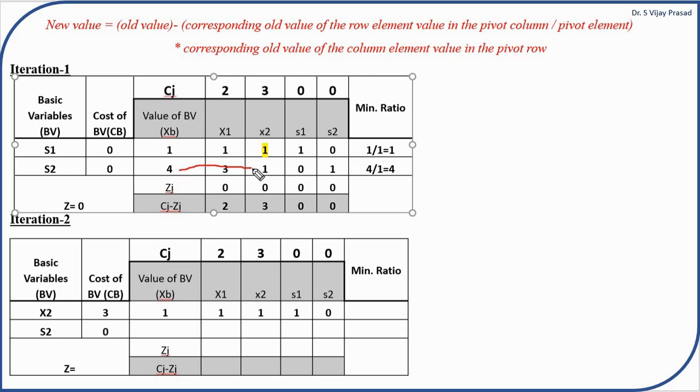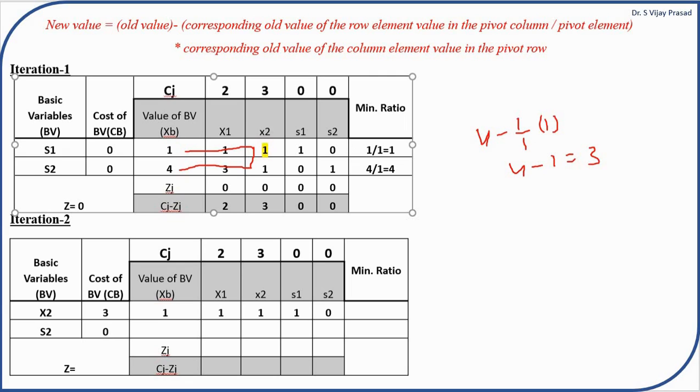In this pivot column you have to select the old value minus this, divided by the pivot column, again into the corresponding old value of the column element in the pivot row. Like this you have to calculate. Let me write it down here: 4 minus 1 by 1 into 1, which becomes 4 minus 1, which is equal to 3.